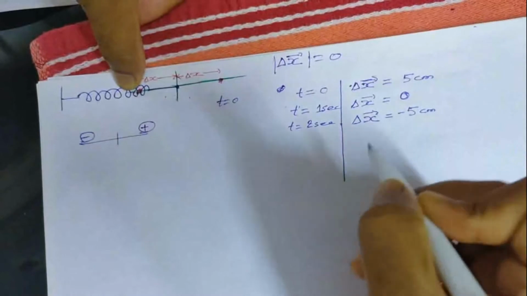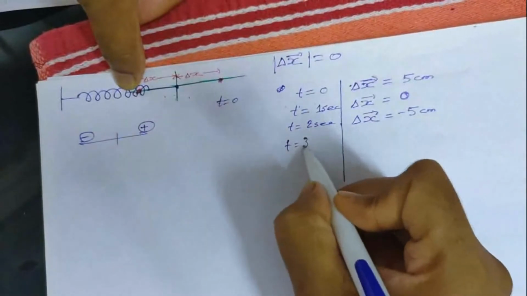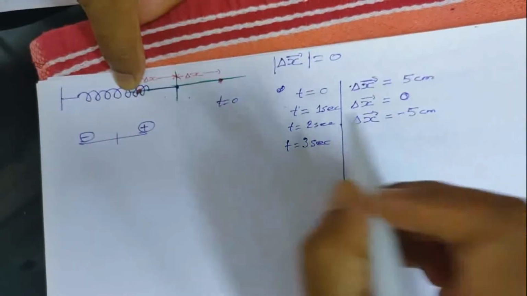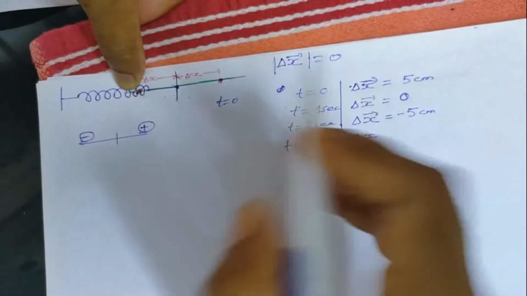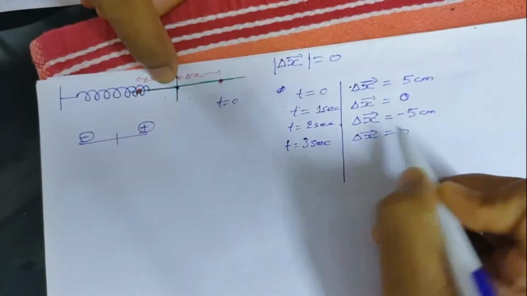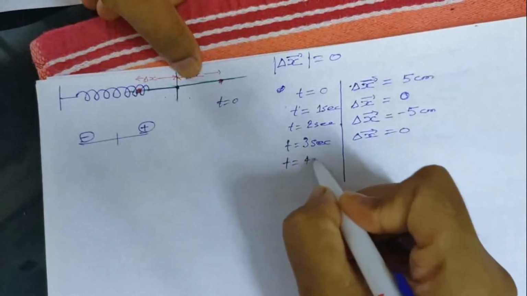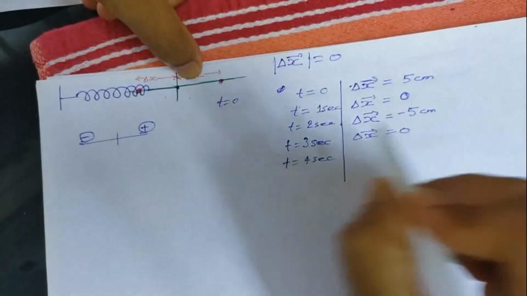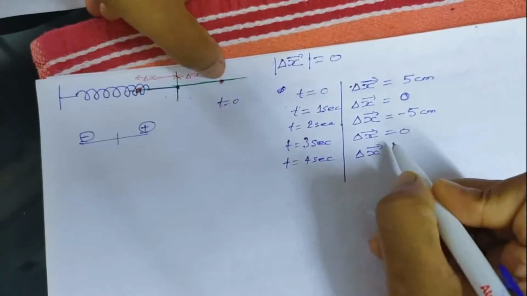Now I'm going further. T equal to 3 second, it will again reach the reference point, so displacement will become 0 again. T equal to 4 second, displacement is how much?